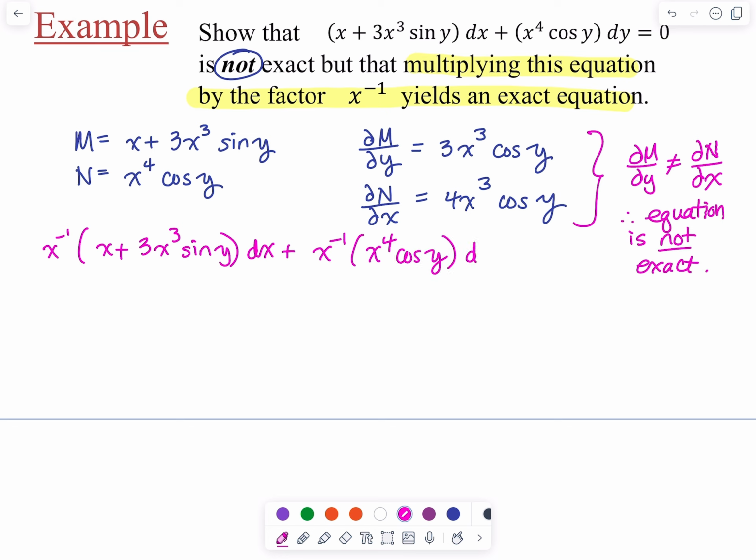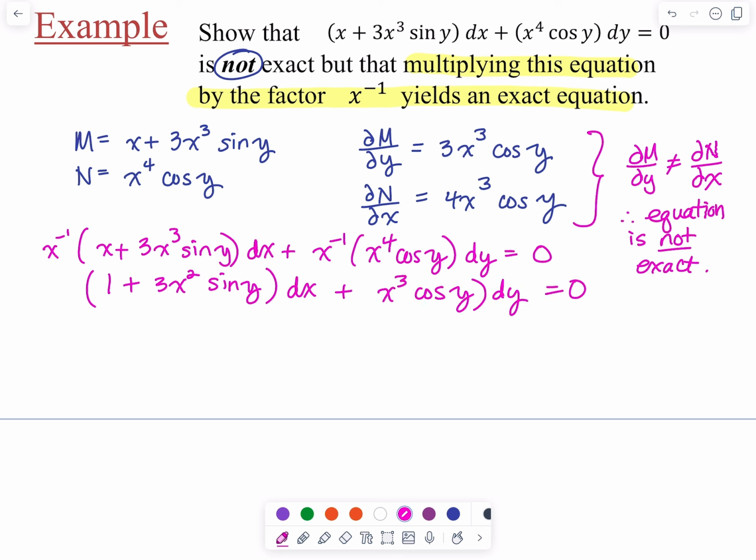And here you can see that we have 1 plus 3x squared sine of y dx plus x cubed cosine of y dy is equal to 0.